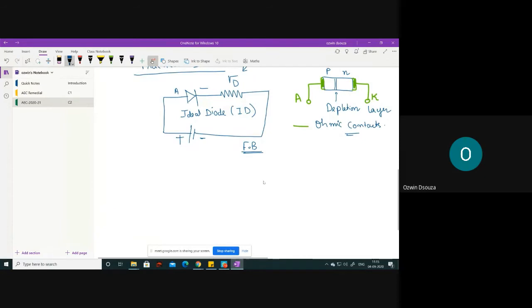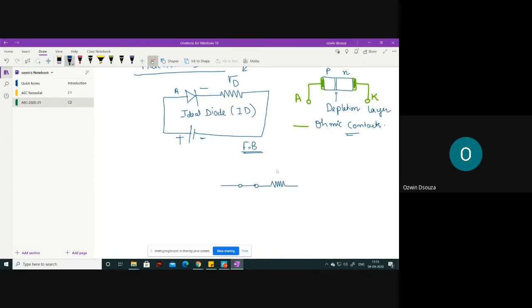Now you tell me what happens when you substitute the diode symbol with the equivalent circuit symbol. What shape does the diode circuit take? The ideal diode you are supposed to replace with a closed switch, right?